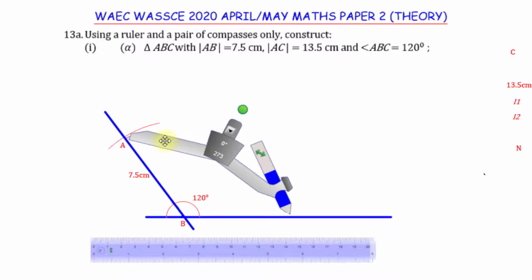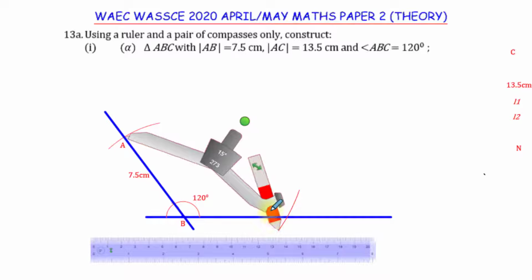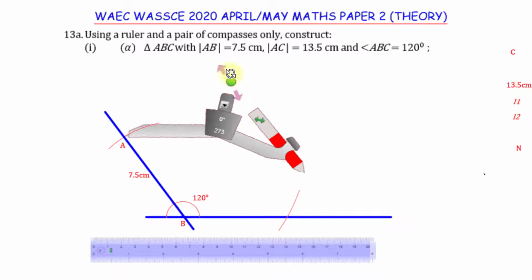Just maintaining that my point of the compasses is on the right position, I will need to go to the line from B, this straight line. Then I will need to mark off that particular arc, and the intercept between that arc and this line is going to give the 13.5 centimeters that was measured on the ruler, to give us point C. So here you can just mark that off.